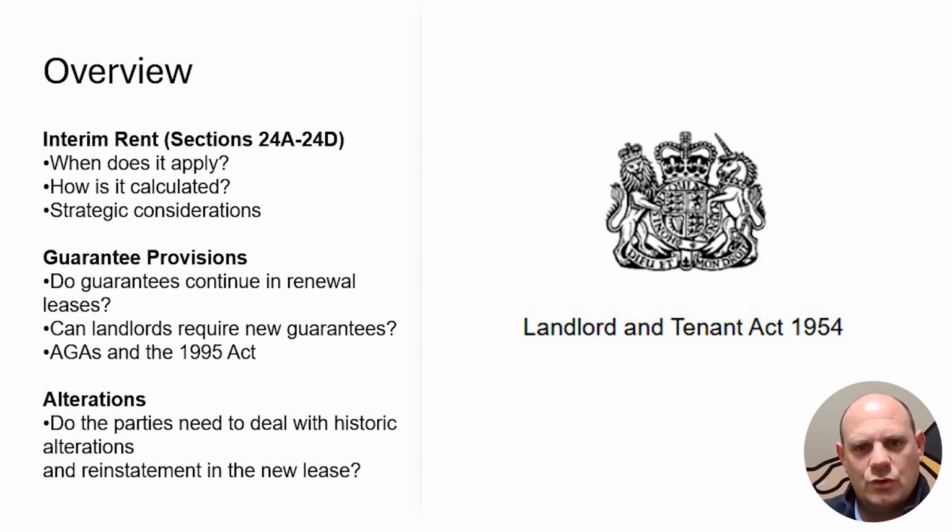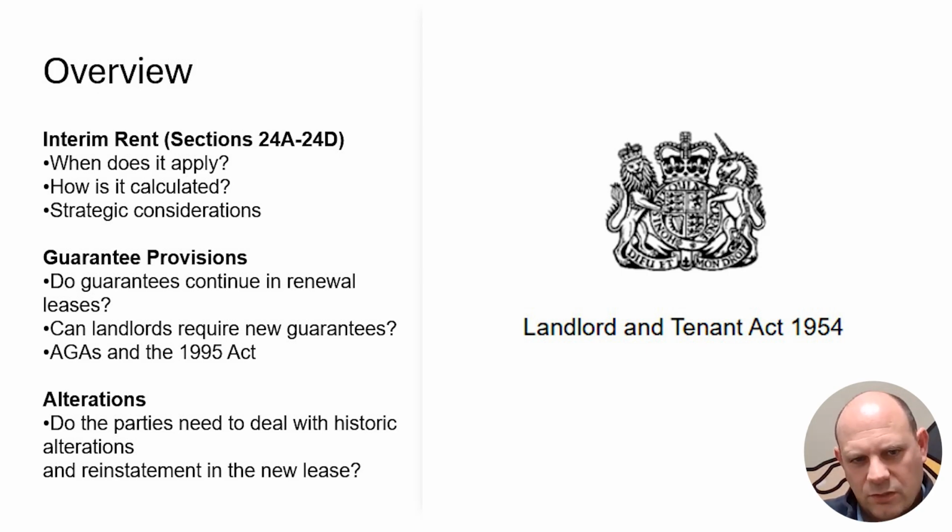The second relates to guarantee provisions. If the original lease contained a guarantee from a parent company or a director, should the new lease contain equivalent provisions? What happens if the original guarantor is no longer appropriate or available? Can the landlord insist on guarantees in renewal leases?